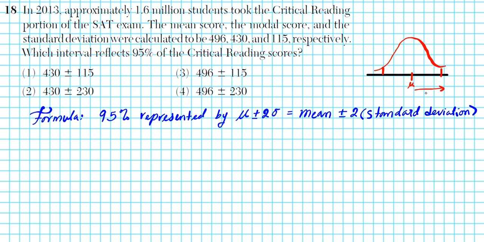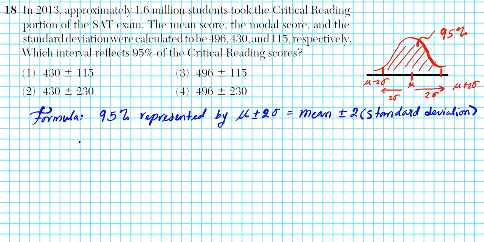So 2 standard deviations to the right, there's mu plus 2 standard deviations. And then when you go 2 standard deviations to the left, right here you have mu minus 2 standard deviations. Now this combined population right here represents what? 95%.